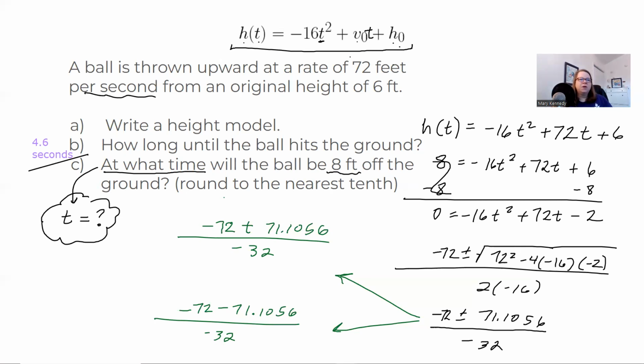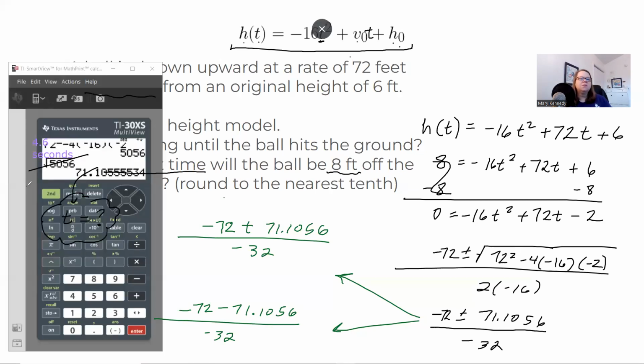Okay, let me bring the calculator back over. Maybe I should erase a little bit. I don't want to take off that last part. I'm going to type it in all as one fraction: negative 72 plus that, over negative 32.